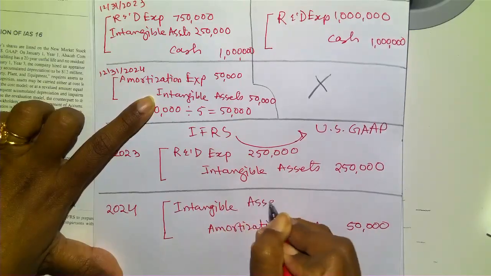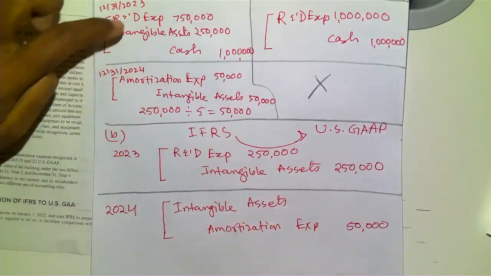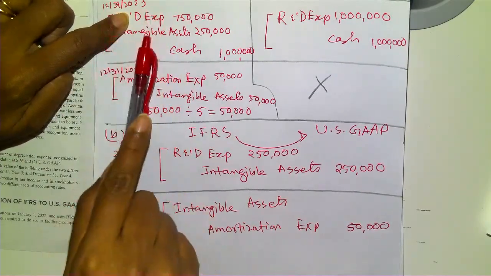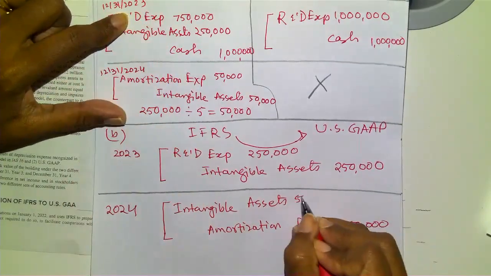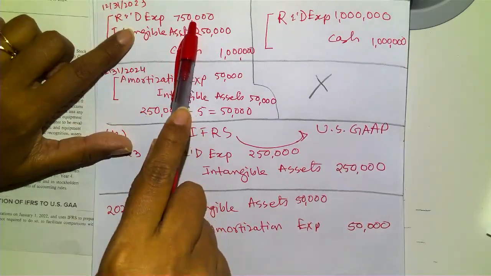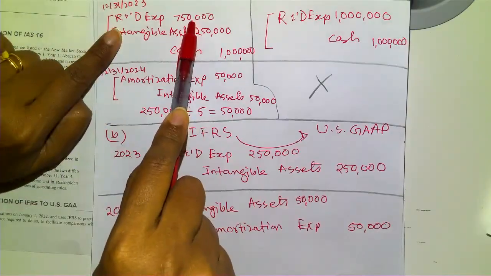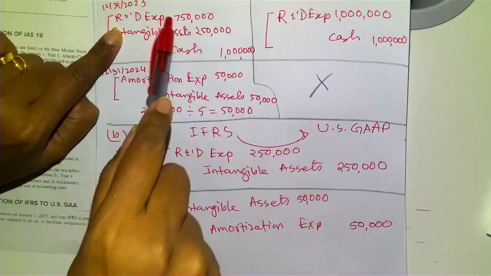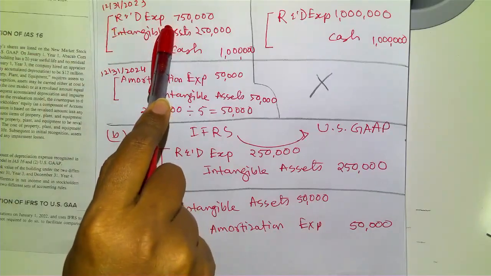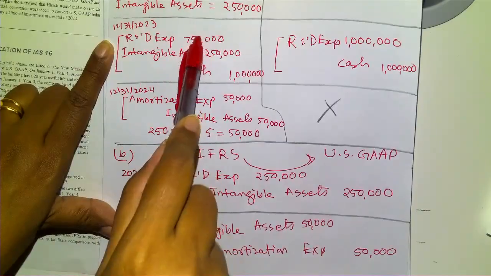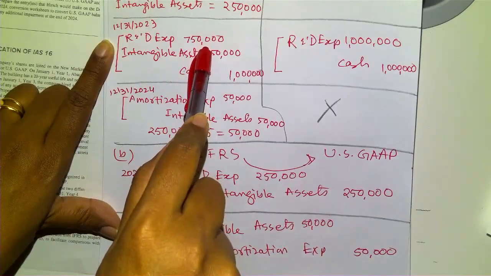Right. Now let's think back to the other year's impact. What we did in the other year. In the previous year, my R&D expense was lower by 250. Now remember, IFRS, try to think about the concepts. IFRS R&D was lower.